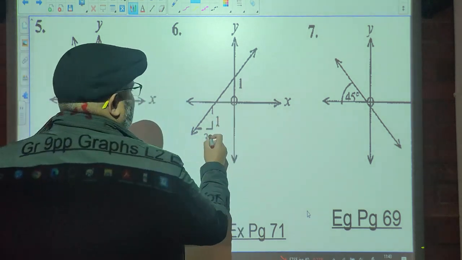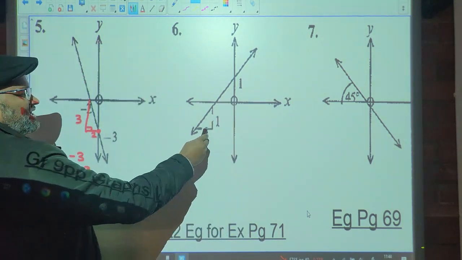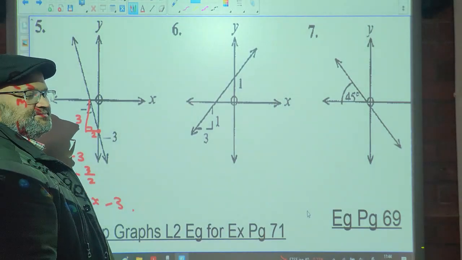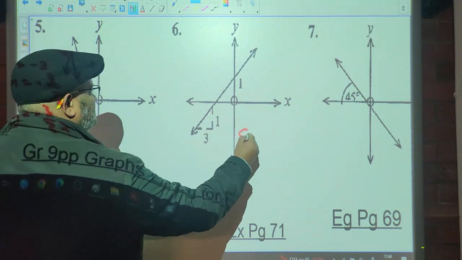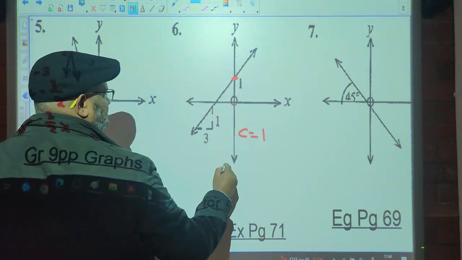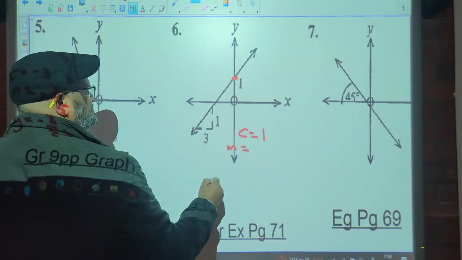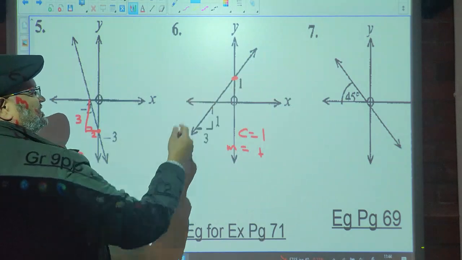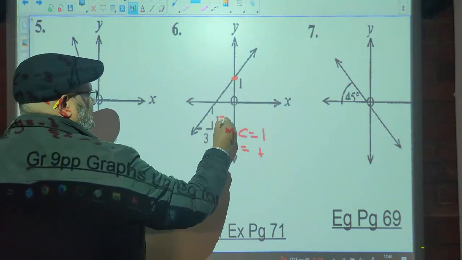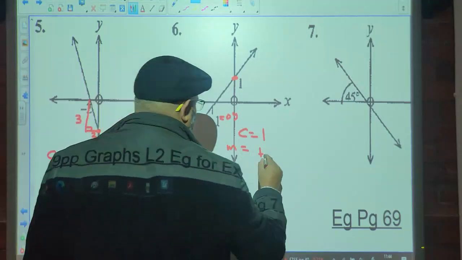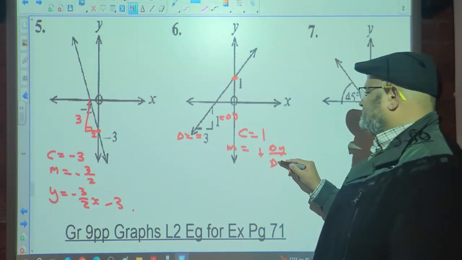This is again a right angle here. Here they gave you the rise and the run on a separate part of the graph. You see that? So what's your c value here? 1. Is the gradient positive or negative? Positive, as this line is increasing, it's leaning to the right. So this is your delta y, people, and that's your delta x. Your gradient is delta y over delta x.